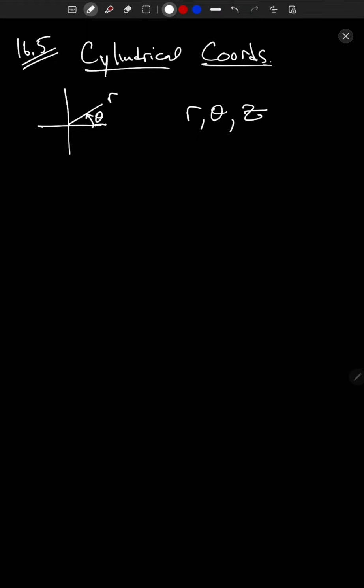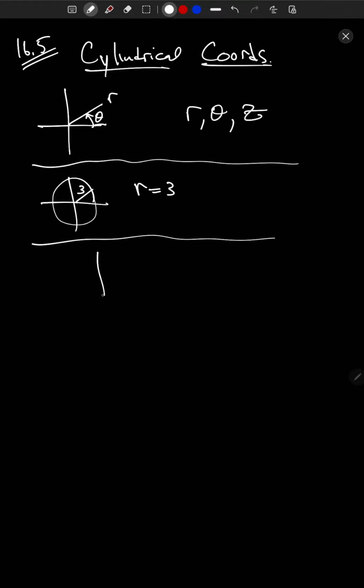Because polar coordinates are well suited for working with circles, this circle right here of radius 3 is easily described as just r equals 3. Cylindrical coordinates are very well suited to describing cylinders about the origin in x, y, z, pulled outwards in the z direction.